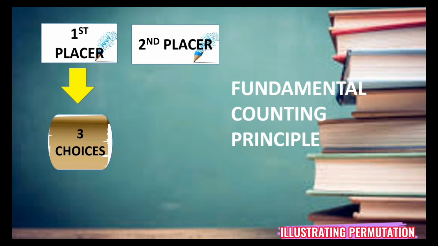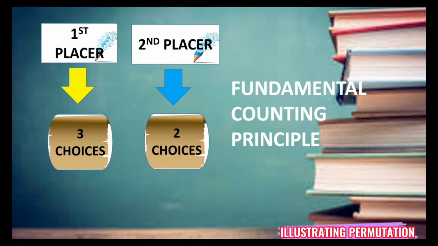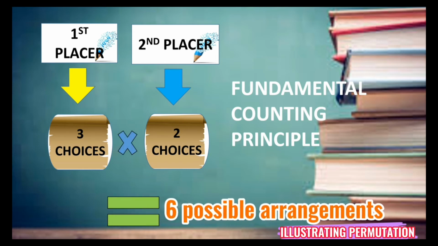What about the number of cyclists to choose from for the second place? Yes, there are only 2 choices for the second place since one cyclist is already the first placer. Applying the fundamental counting principle, we will multiply 3 and 2. The answer is 6. So there are 6 possible arrangements.